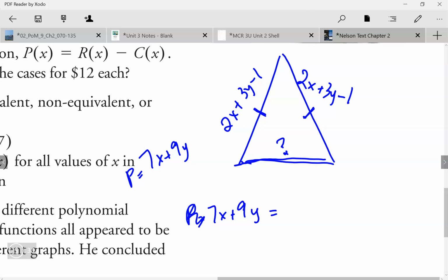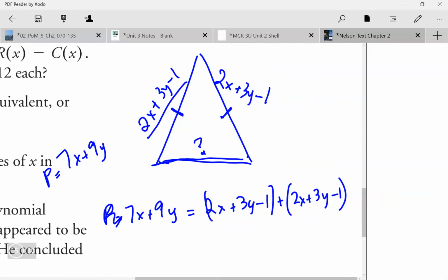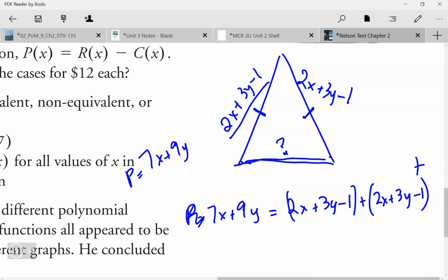the sum of all the sides, right? So I have this side, which is 2x plus 3y minus 1, plus the other side, 2x plus 3y minus 1, and then plus this third side, which I'm going to call capital S for my variable.